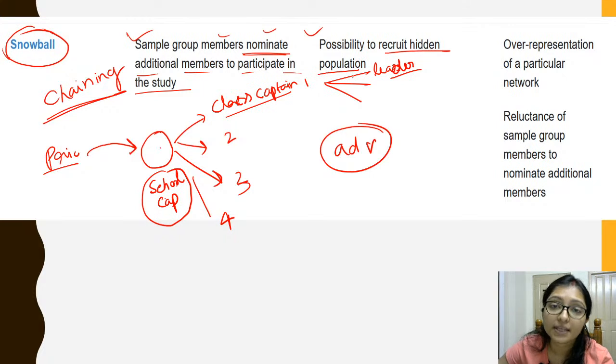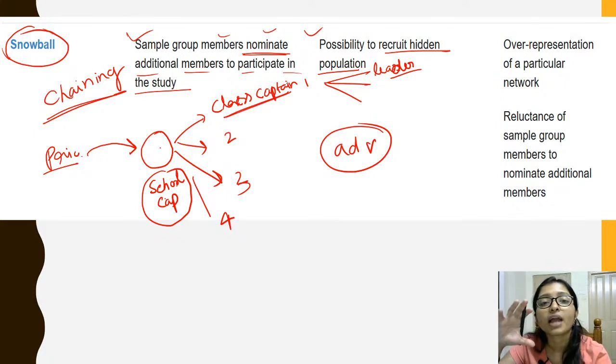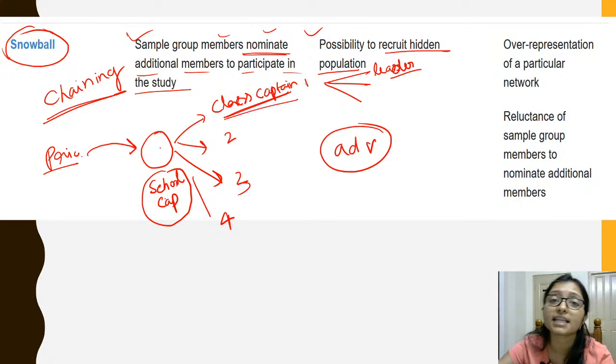Hidden population means maybe some specific, unknown population you can choose, right? Because your principal doesn't know all the captains, the principal has no idea about all the class captains of all the classes, but you have the idea, right? And every class captain has the idea who is best in his class. So it is the advantage, because the higher-level authority is choosing.